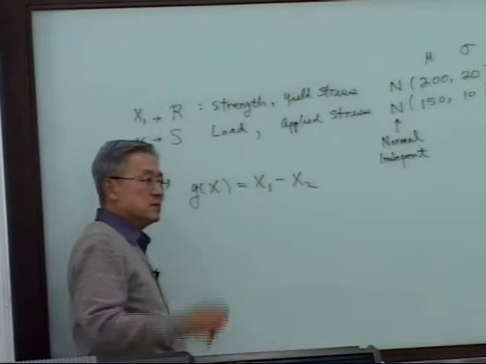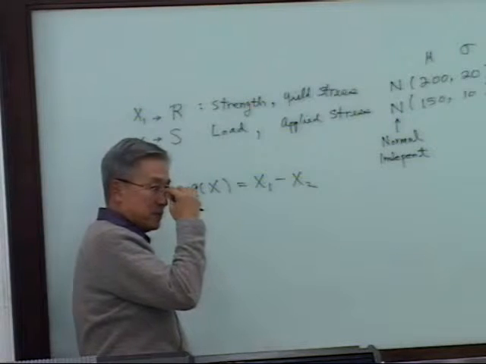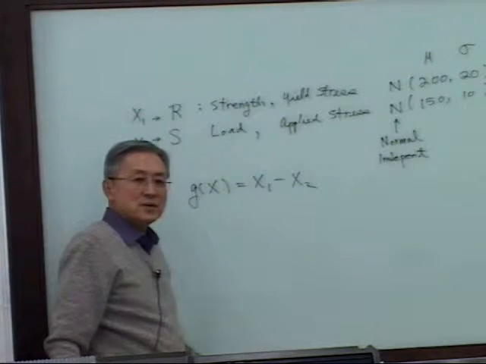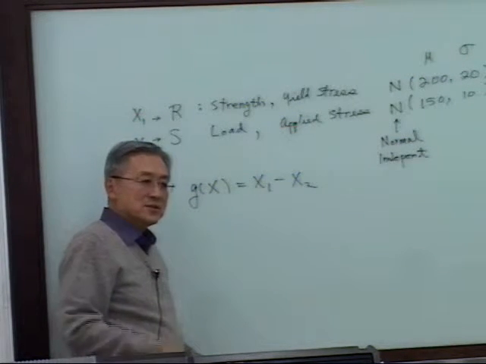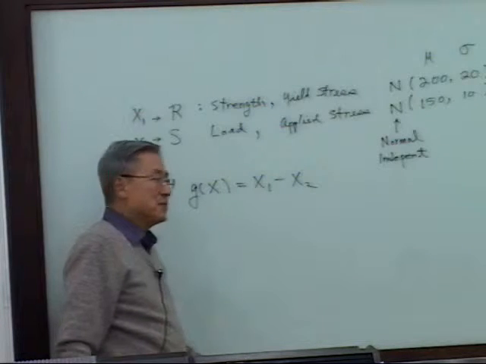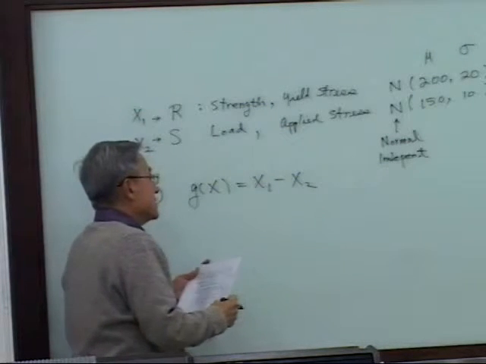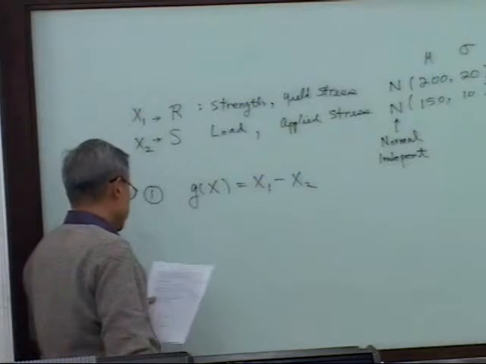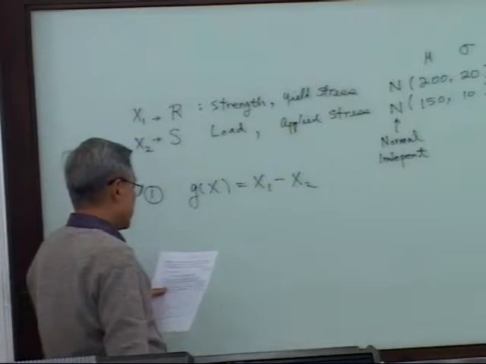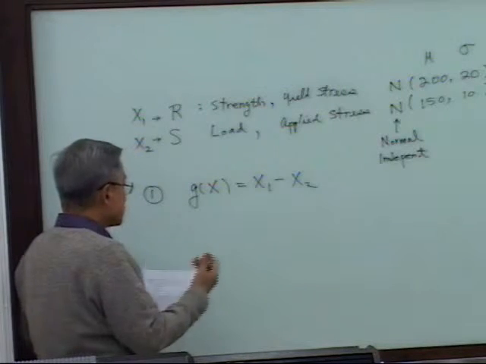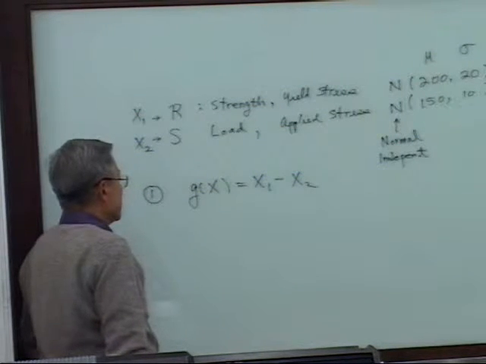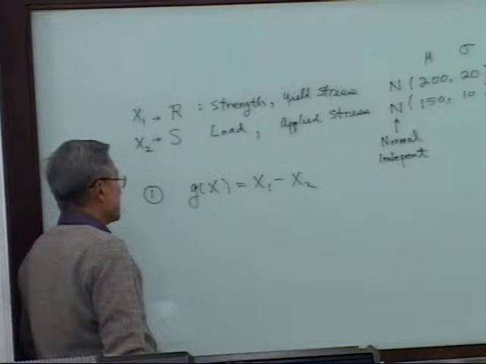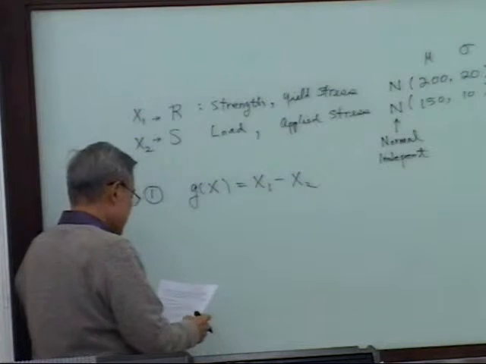It's a two random variable problem. You can do it by hand nicely in this particular problem, but even two random variables sometimes have difficulties. First, define the limit state function or performance function.